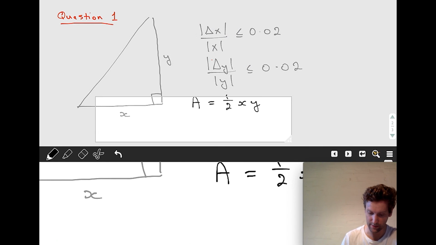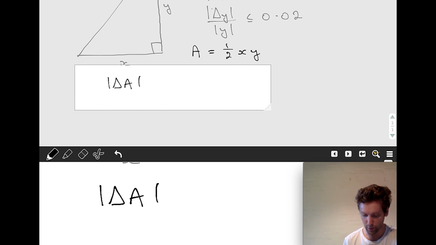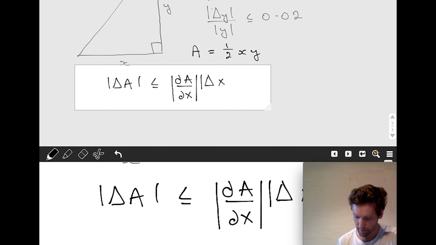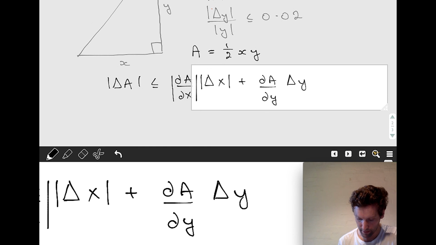That is that the maximum possible error, delta A, will be less than or equal to the partial derivative of A with respect to x multiplied by the error in x, and we need to put absolute value signs in all those, plus the partial derivative of A with respect to y multiplied by the error in y.